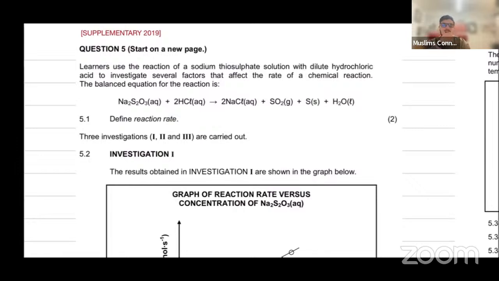Learners use the reaction of sodium thiosulfate solution with dilute hydrochloric acid to investigate several factors that affect the rate of a chemical reaction.